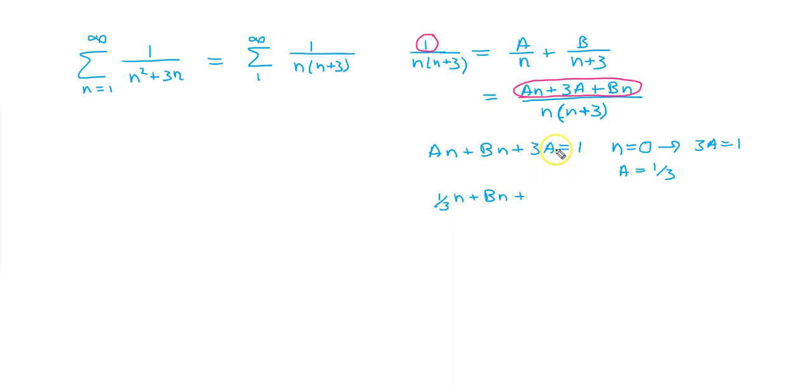now a is 1/3, so this is going to be 1 equals 1, so these ones we could cancel. Now if I pick n equaling 1 then, I'm just going to cancel these ones here, put a 0 over here, and if we let n be 1, we get 1/3 plus b equals 0, and so we get b equals negative 1/3.